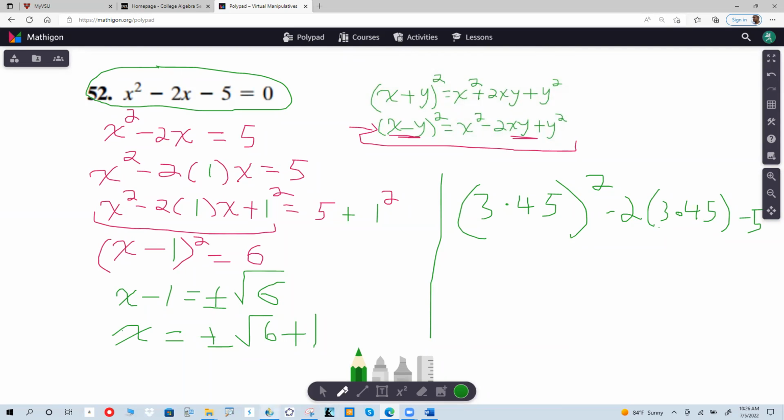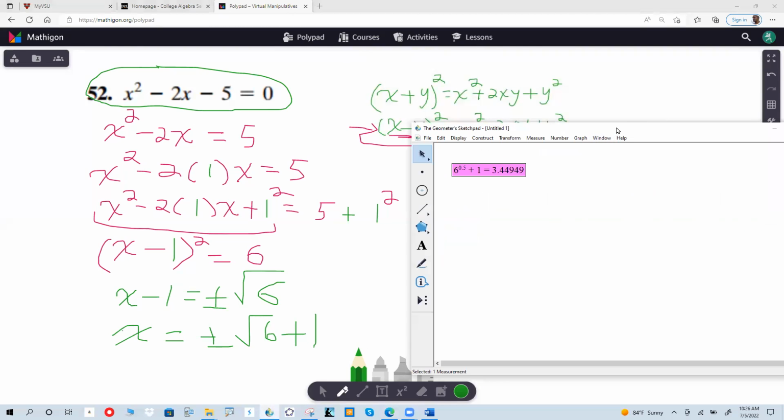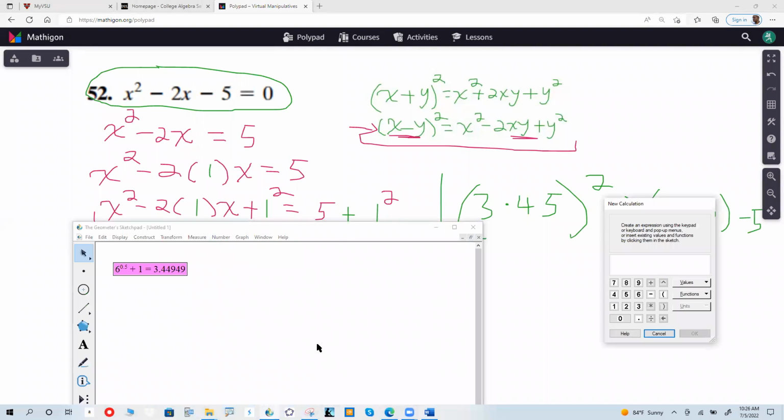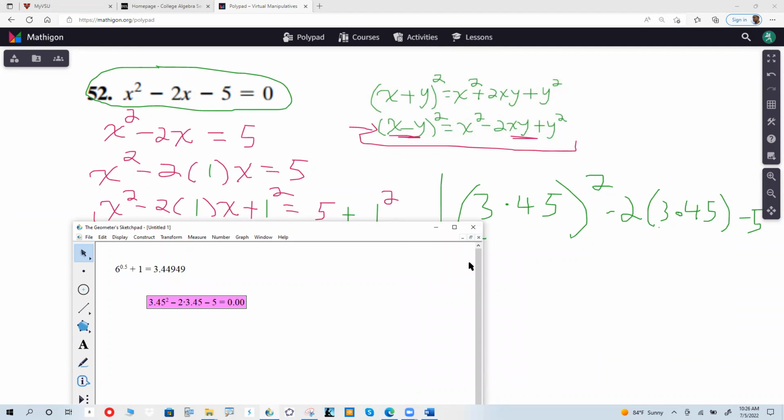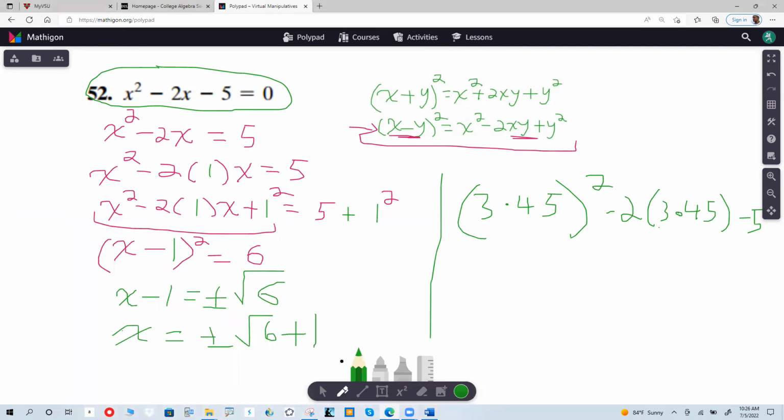It won't be exact. 3.45 squared minus 2 times 3.45 minus 5. And I'm happy. It's 0.005. I'm happy. It's never going to be 0. And just checking one answer is okay. The other better work because they came together. They're twins. So I'm going to pause here for a couple of minutes, guys, to let you ask me questions.